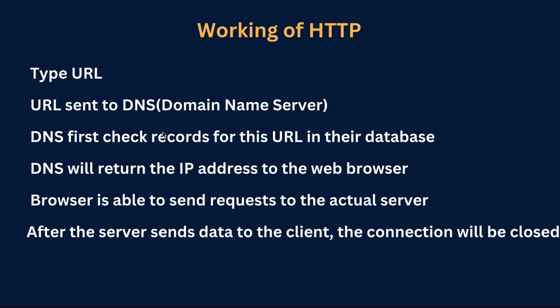So DNS first checks the records of this URL in its database, right? DNS will receive this google.com, DNS will check google.com in its database. Then what will it return? The IP address to the browser.